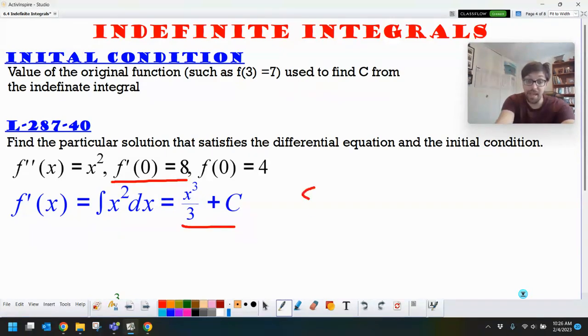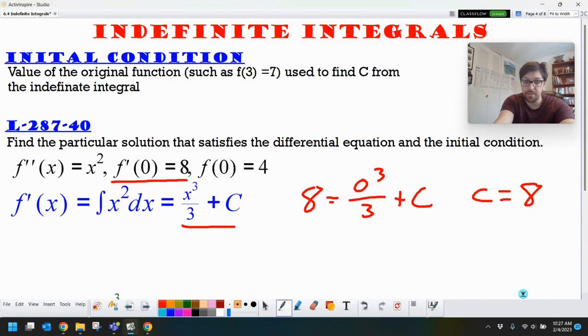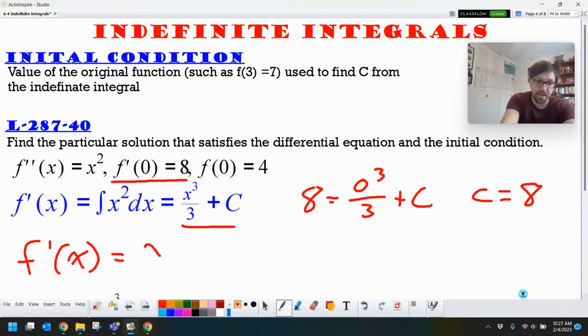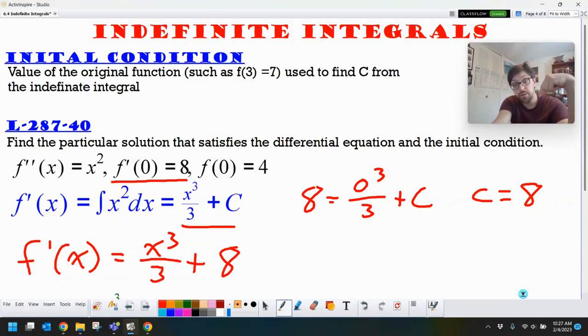So we can say 8 equals 0 cubed over 3 plus c, which gives us a neat little equation that we can solve, and we find that c equals 8. So we can rewrite our derivative, now that we know what c is, as x cubed over 3 plus 8. That was the value that got turned into a 0 when we found the second derivative.